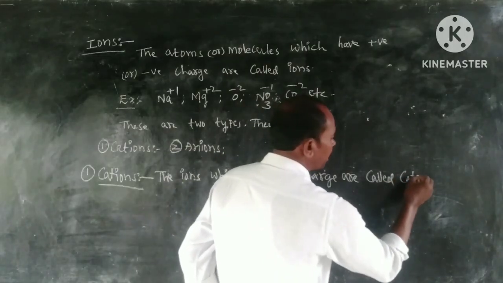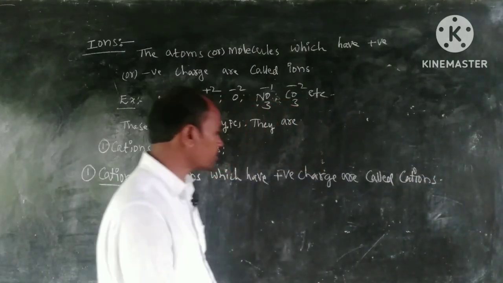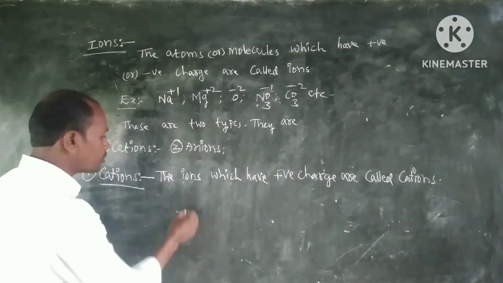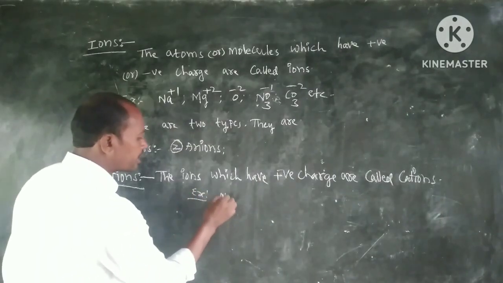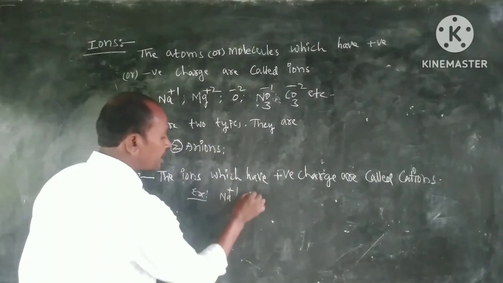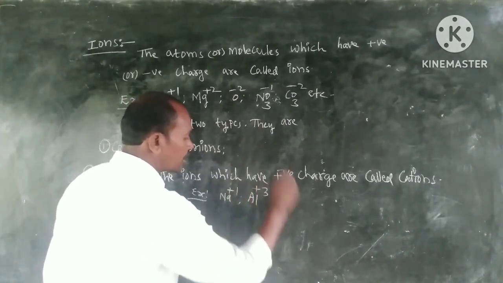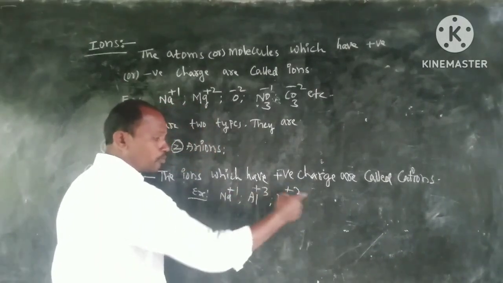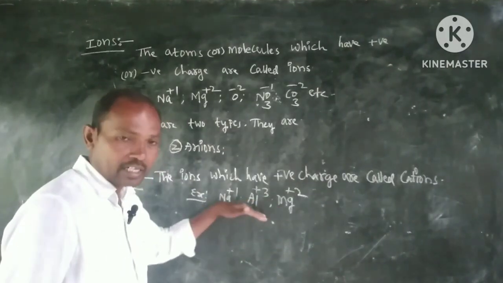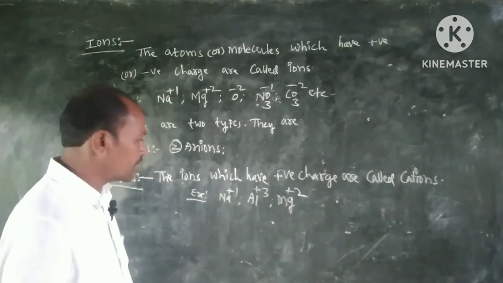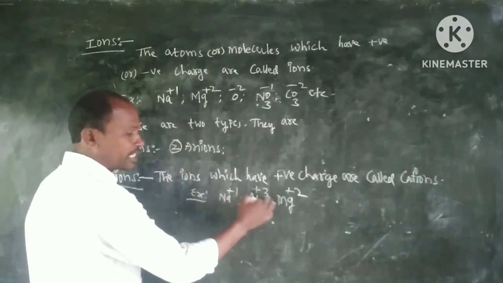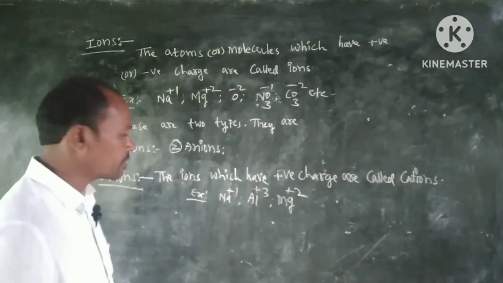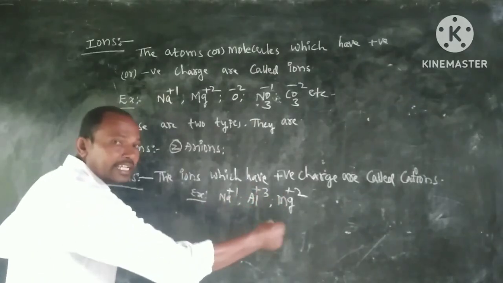Examples: Na+1, Al+3, Mg+2. These are all positively charged ions, so these are called cations.